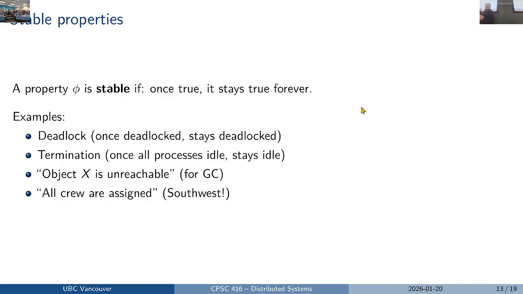And then, of course, all crew are assigned, that Southwest debacle that I talked about before. These are the kinds of things we think about. These stable properties become invariants of the system. They are the things that we say, this must be true. And then we can reason about the system based upon those invariants.